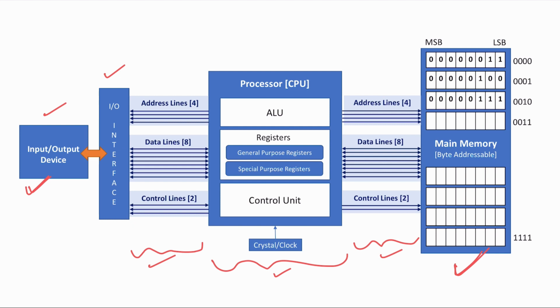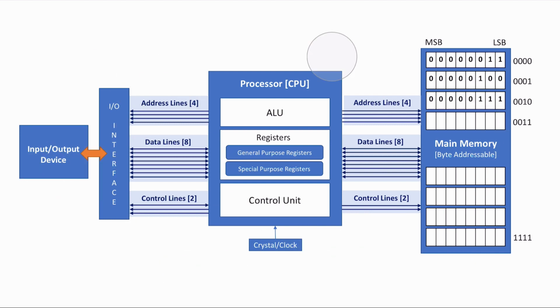The processor is ALU, registers, control unit, right? We also saw that there are different types of IO devices and IO interfaces required to do many things. There are many functionalities of the IO interface, which is why we use it in between IO devices and the processor or CPU. So this is the structure of the computer where the logical structure of each component is present.